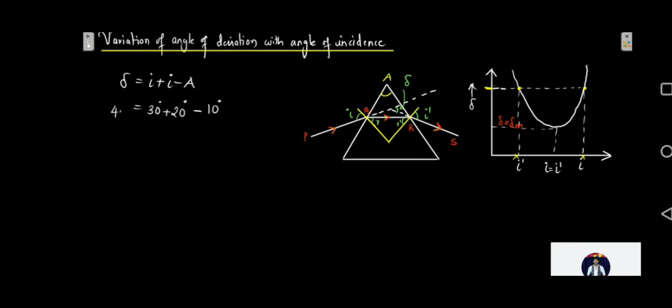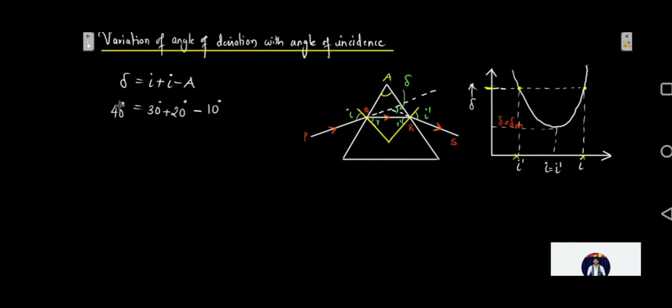We'll express it using the equation that we have already derived, that is delta is equal to I plus I dash minus A. This is the expression we have already seen. So if we set certain values, supposing I say that I is 30 degrees, I dash is 20 degrees, and A is 10 degrees, what is this answer going to be? 30 plus 20 is 50, minus 10 will be 40 degrees.